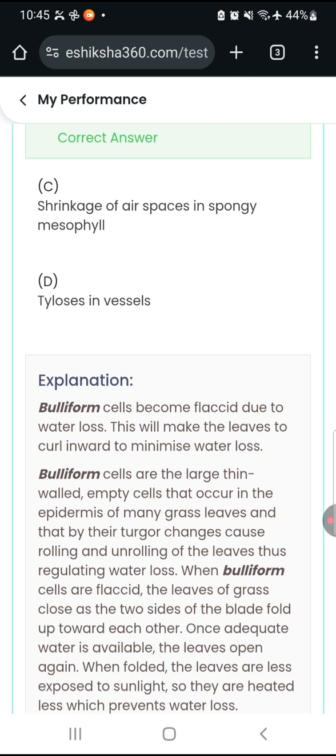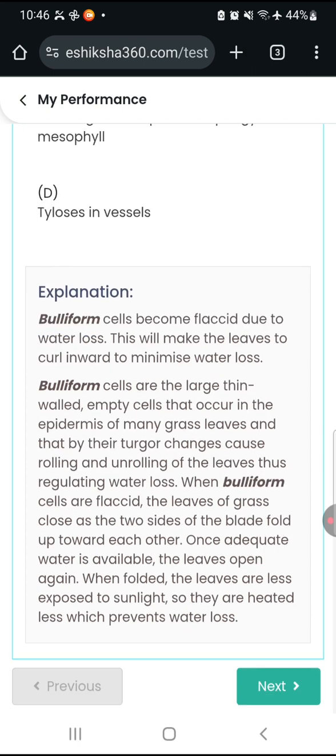When bulliform cells are flaccid, the leaves of grass close as the two sides of the blade fold up towards each other. Once adequate water is available, the leaves open again. When folded, the leaves are less exposed to sunlight, so they are heated less, which prevents water loss.